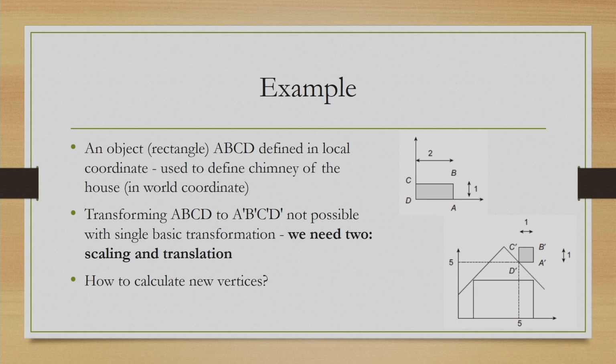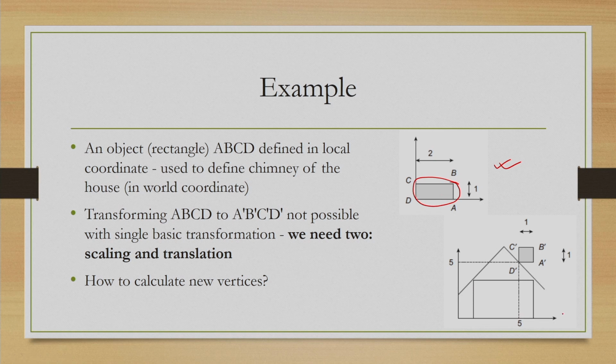Let us try to understand this in terms of an example. Here in this figure, look at the top figure. We see one object denoted by the vertices A, B, C, D with its dimension given.